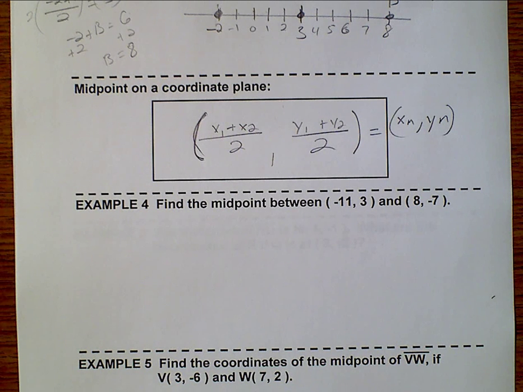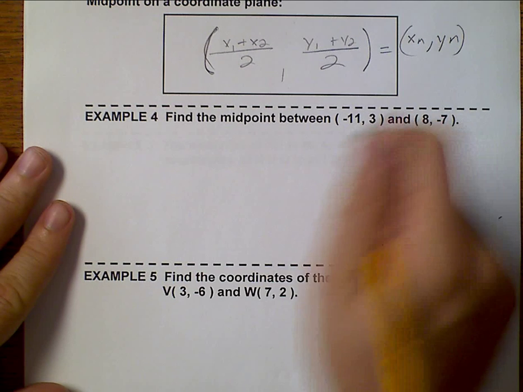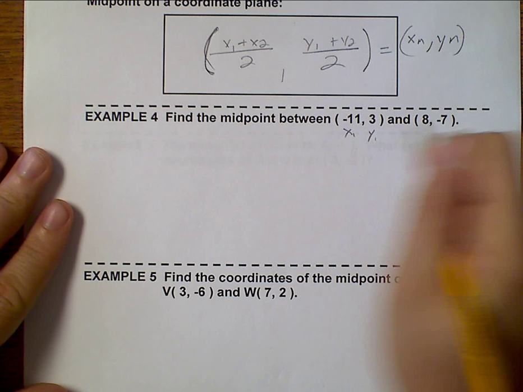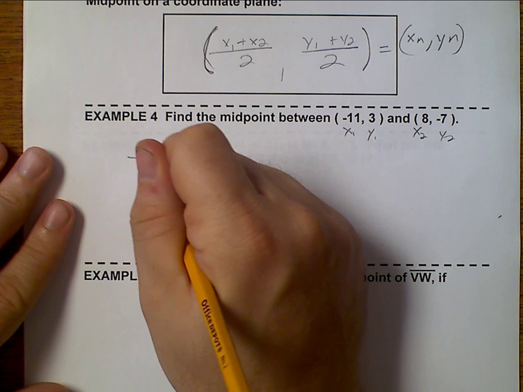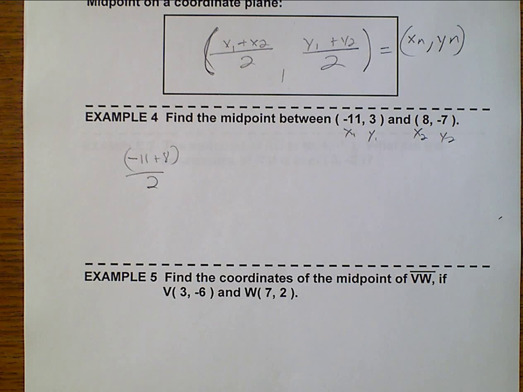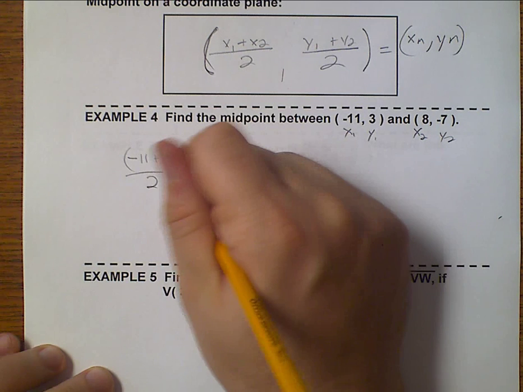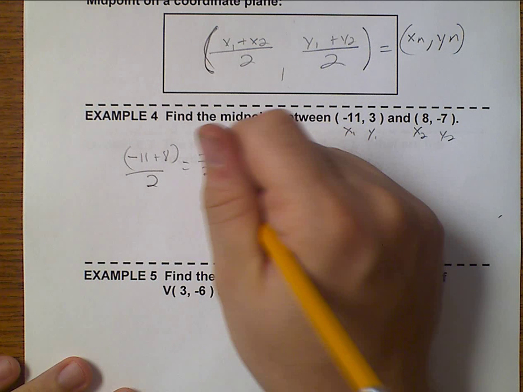So let's put that into practice for example number 4. x1, y1, x2, y2. So negative 11 plus 8 over 2 is negative 3 over 2, which equals negative 1.5.